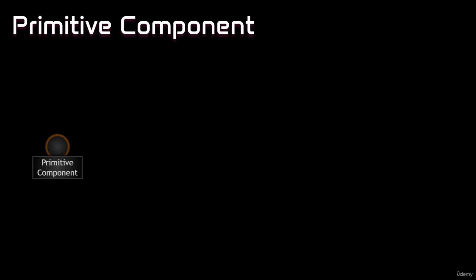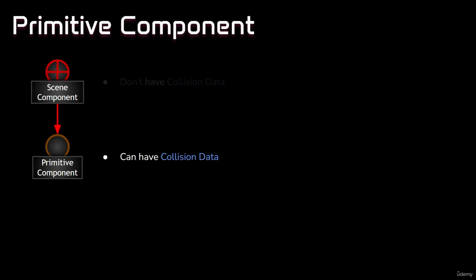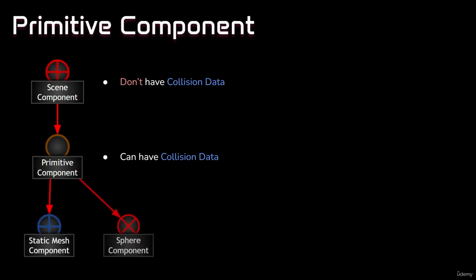The primitive component class has the ability to have collision data. Primitive component is based on the scene component class, and scene components do not have collision data. Component types like static mesh component and shape component, things like sphere components, capsule components, etc., are based on the primitive component class.